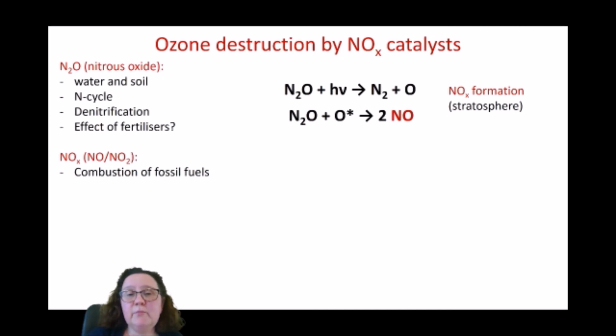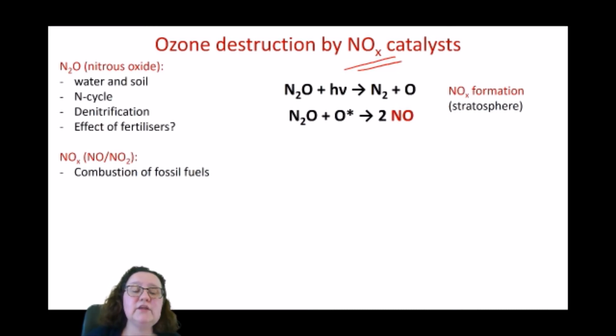So as an example, how does a nitrogen oxide catalyst act? Well, you can get these nitrogen oxide radicals from a couple of places. You can get them from nitrous oxide, and that's typically associated with agricultural processes, which release nitrous oxide.